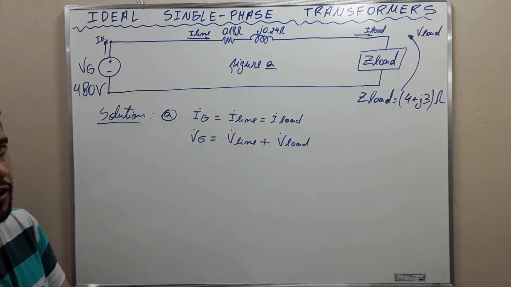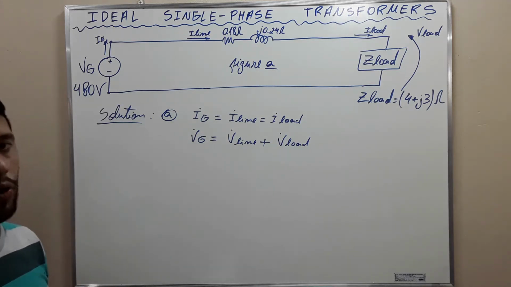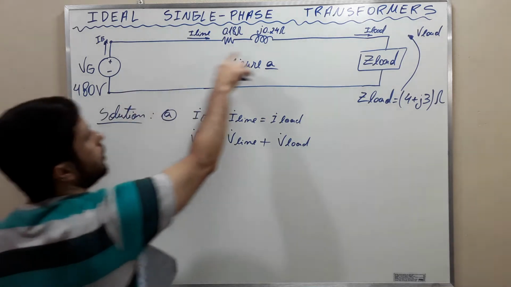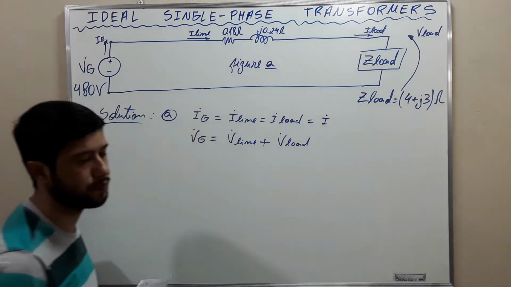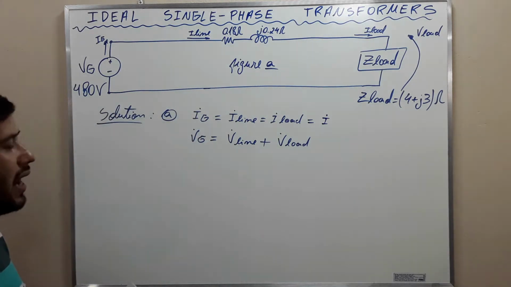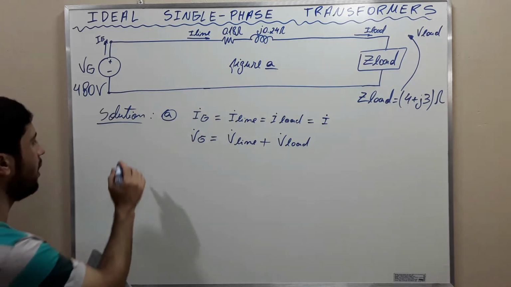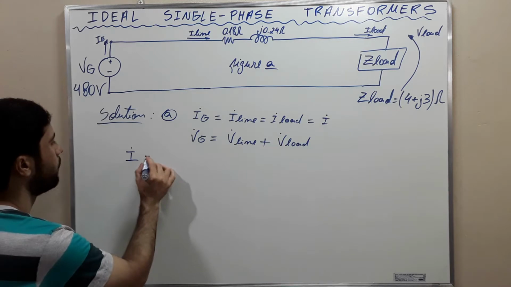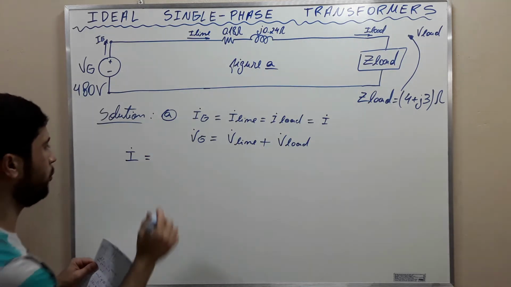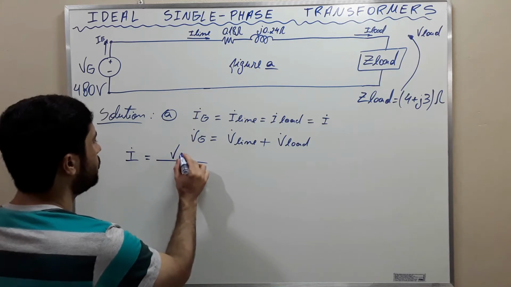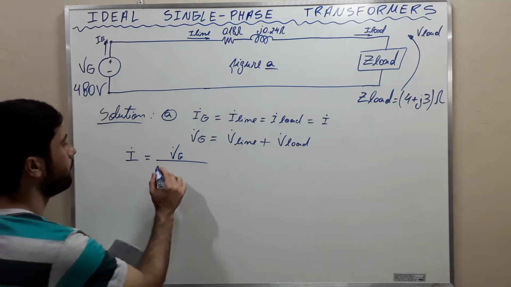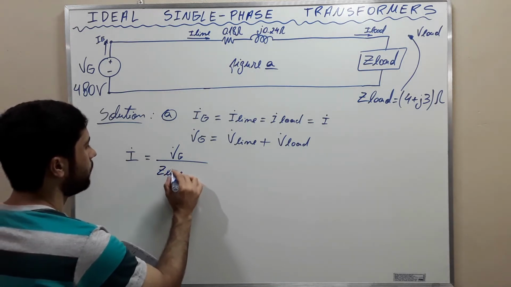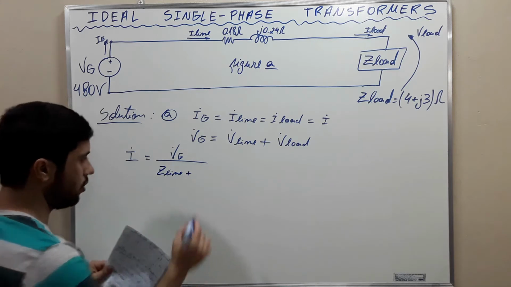The current of the system can be calculated as, we are going to calculate the current here. We're going to call it simply I. I is equal to the voltage of the generator divided by the impedances Z line plus the load.